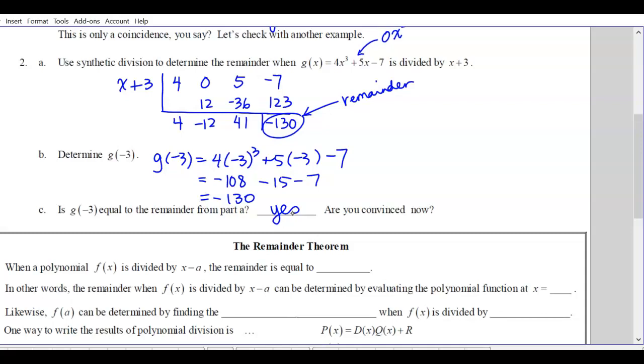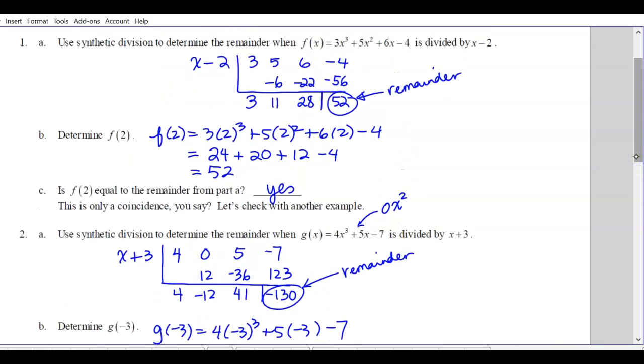So yes. Okay, so how are these related? The number that we're asking you to substitute into the polynomial function is the value of x that makes the divisor 0. We were dividing by x plus 3. We asked you to substitute in negative 3. You got the same remainder.